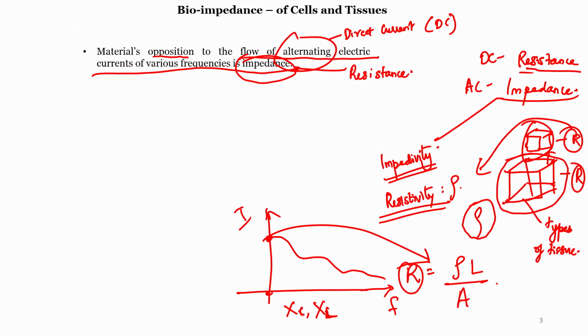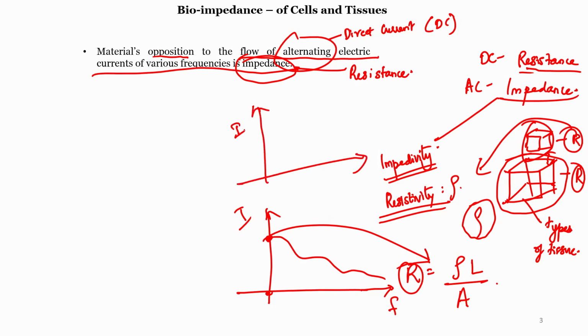Basically, if there is indeed a capacitance in the path, it will act like an open circuit. So the zero frequency impedance value is the resistivity, provided the circuit does not have any capacitive components. Let us say I am taking a pure resistor and I am taking an impedance spectroscopy of it; my impedivity value will not have a relationship to frequency.